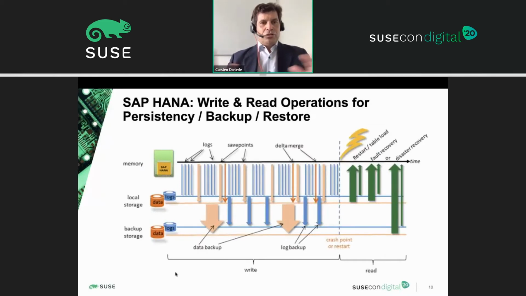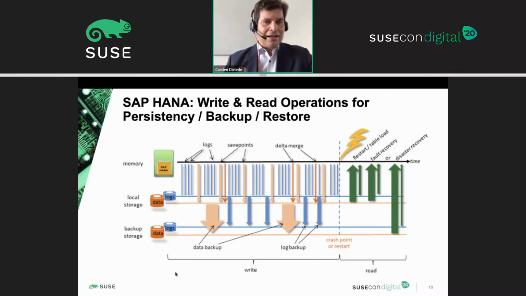HANA, and you know that already, is an in-memory database where all the calculations, the data is in memory. But even for persistence of the data, because at the beginning you have to restart when you have to patch a HANA database, or you have to patch the operating system, or you have to install firmware on the hardware, you need a persistent layer where you really, when you start from scratch, load the data into the memory.